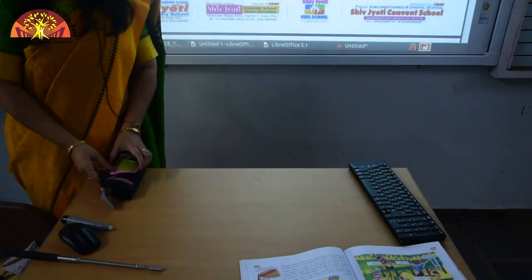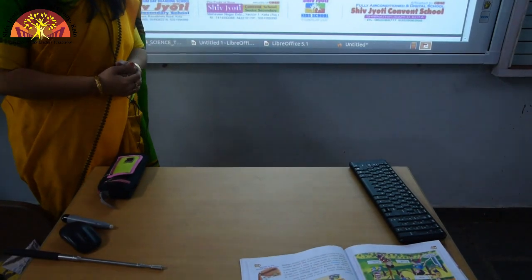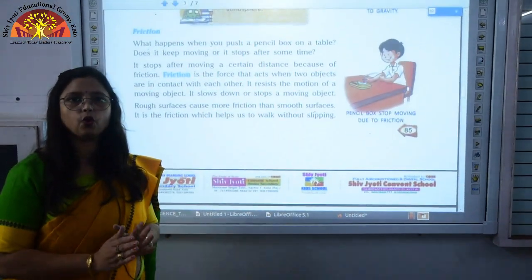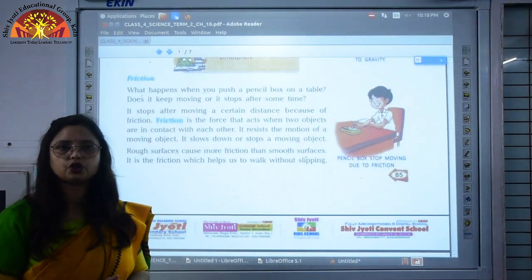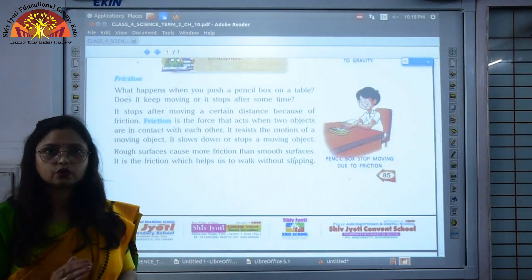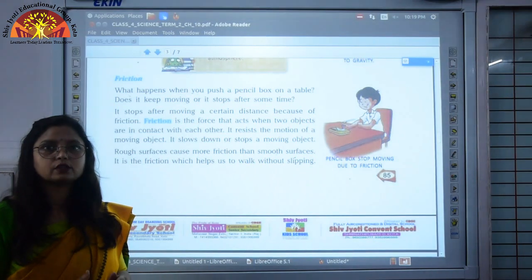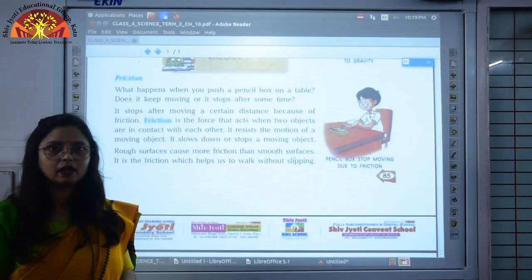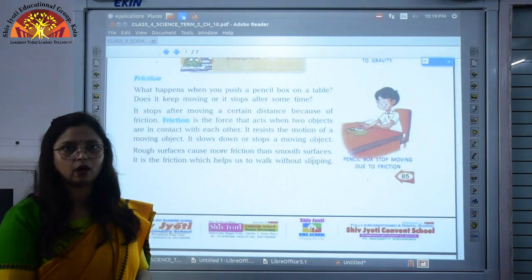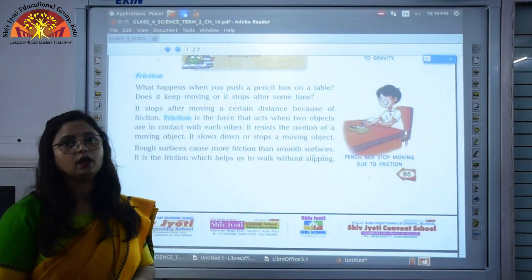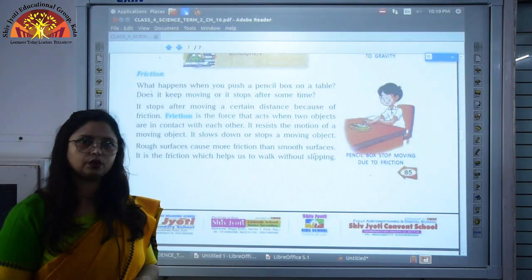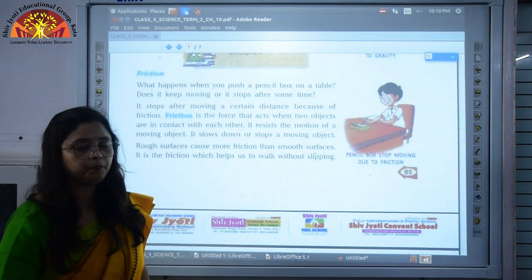So, this friction force opposes the motion of an object. So, what is friction force over here? It is the force that opposes the motion of an object. Due to friction, a moving object slows down or stops after some time. Similarly, if we roll a ball on the ground, the same will happen to it. It will move for some time and then it will stop. The same is due to the force of friction.